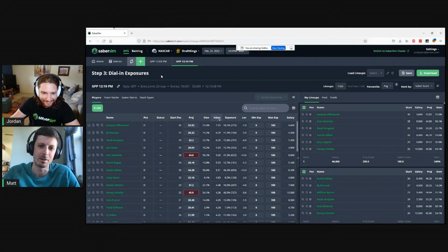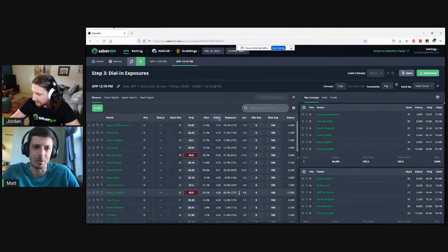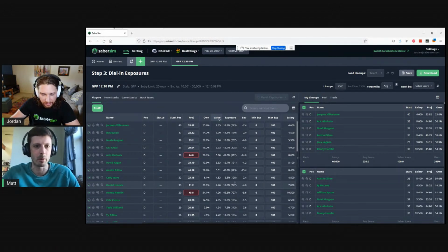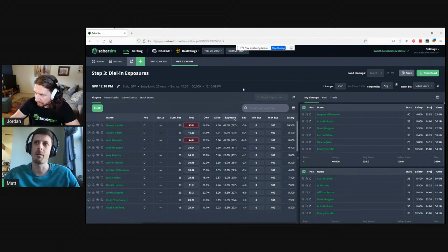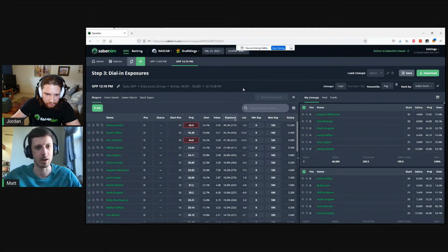It's a weekly sport, so I think it's a good process. But for me, I would essentially just trust the Sims to do that for me, for the most part. If I run the 0-10 build, I'm going to generally trust that my exposures are basically mimicking the probabilities of these drivers being the top plays.